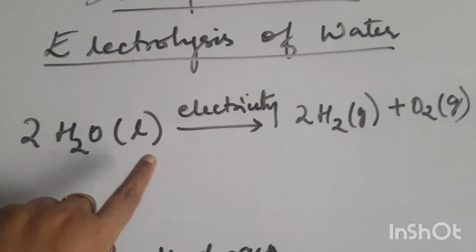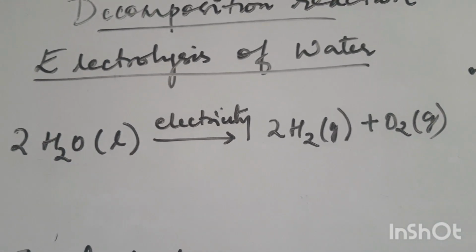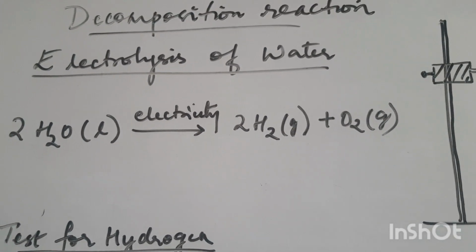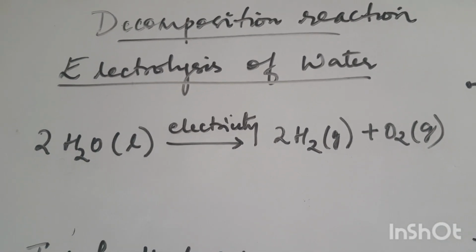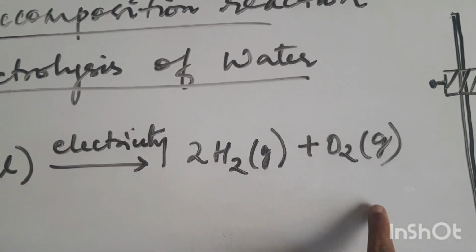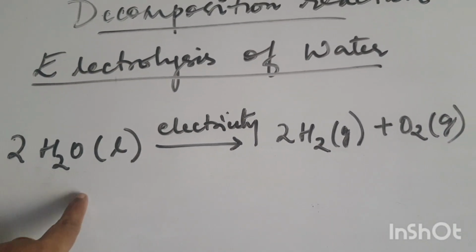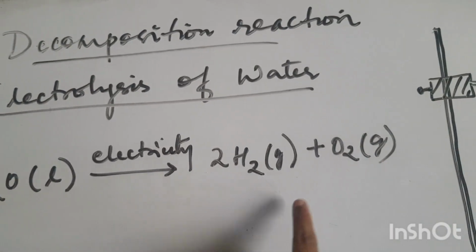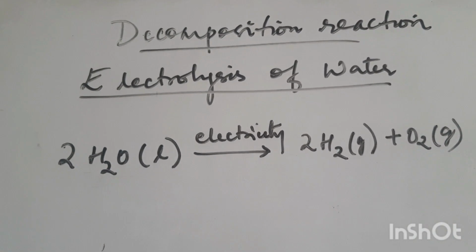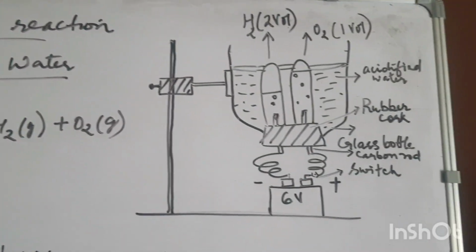Is that clear? It undergoes decomposition reaction in the presence of electricity, or else in short we give the term electrolysis of water to form two molecules of hydrogen and oxygen. Both are in gaseous state. Liquid undergoes decomposition to give two gaseous compounds, that is hydrogen and oxygen. But here we need to learn in detail.